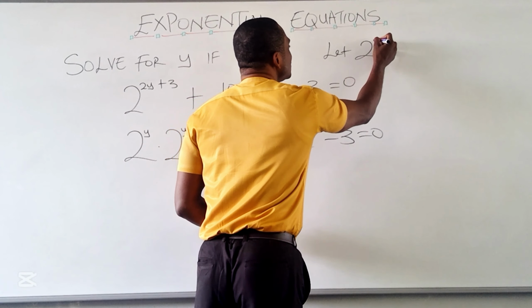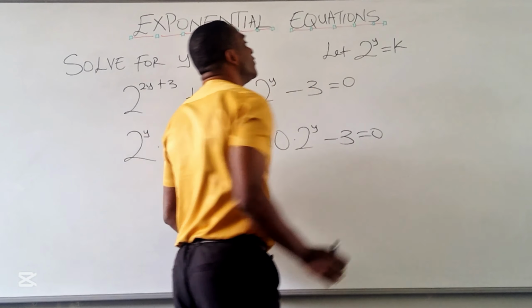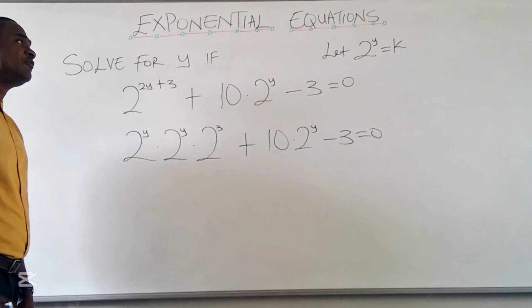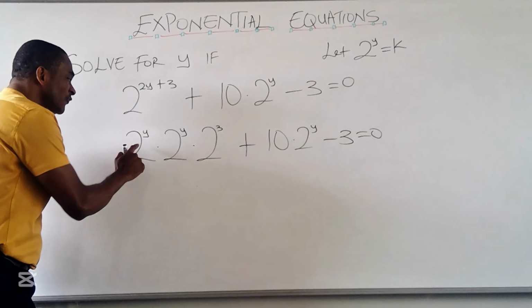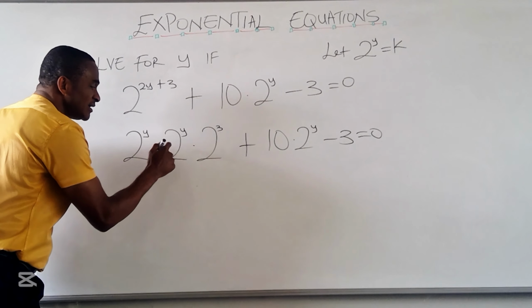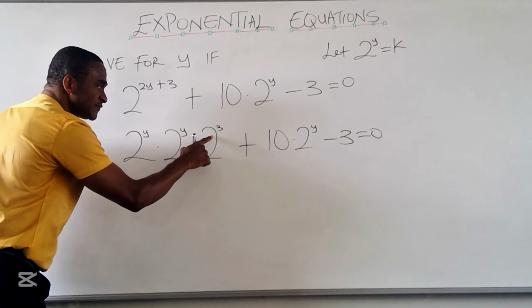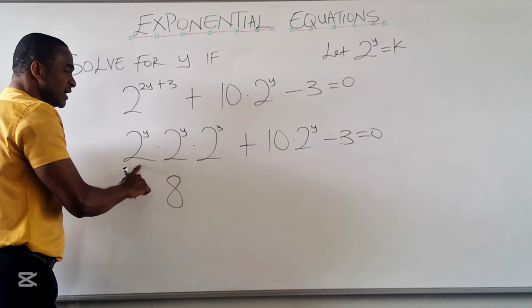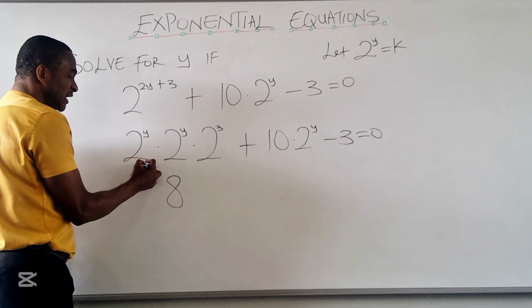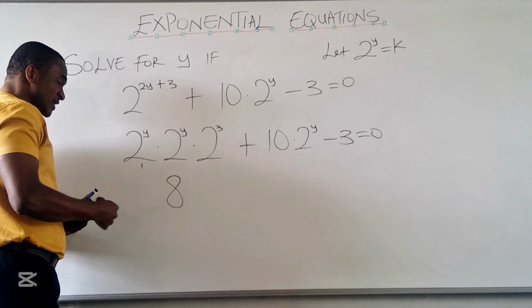We can say let 2 exponent y equal k. We call this a k method. If we replace it, after solving, we can take it back. So if we have k times k, this gives us k squared. And this 2 to the power of 3 is 8, k times k, because 2 to the y is now replaced with k.